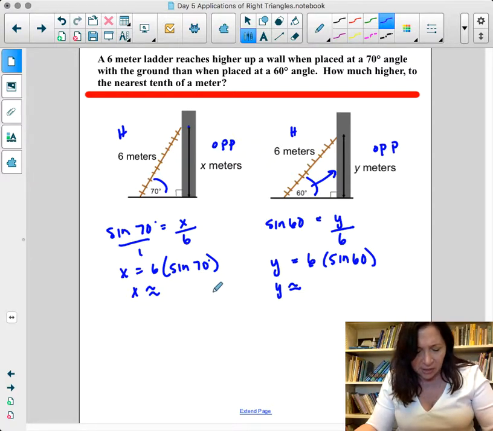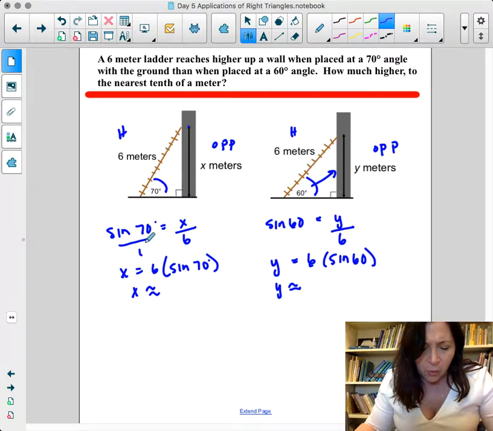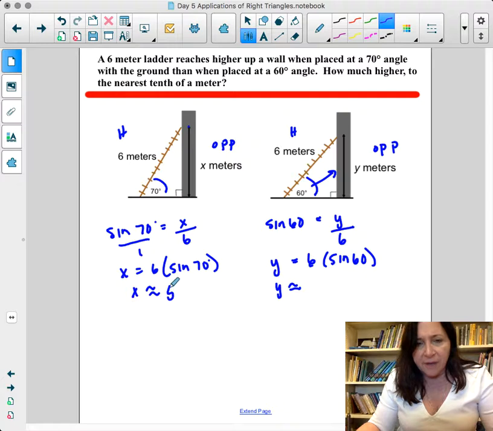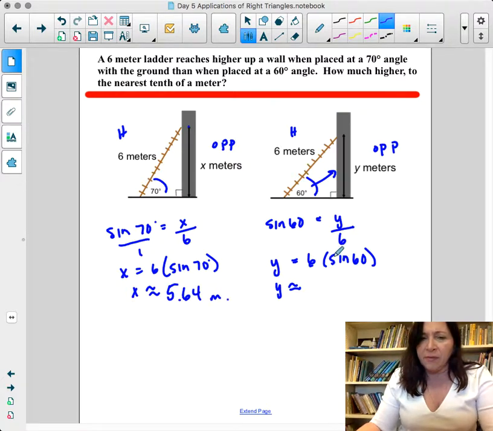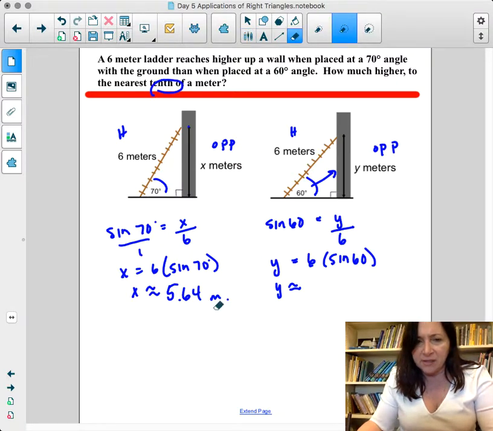Sine of 70 degrees times 6 is 5.64. So this one is 5.64 meters. This says to the nearest tenth, so that'll just be 5.6 meters.